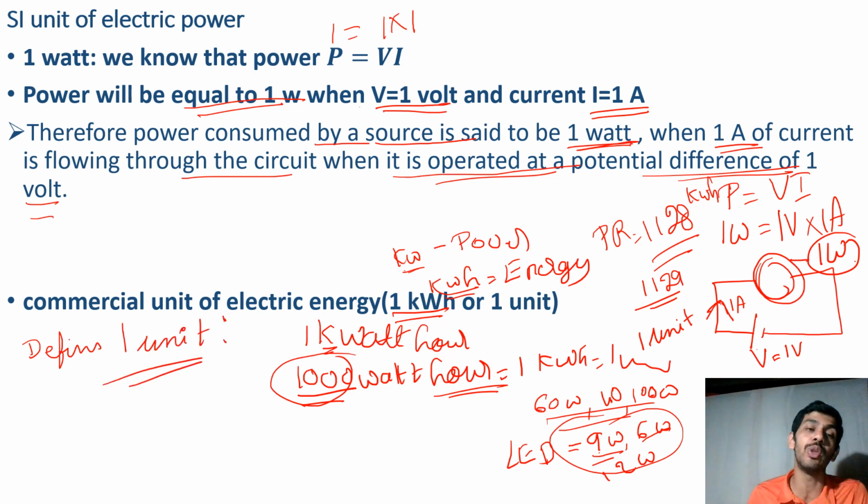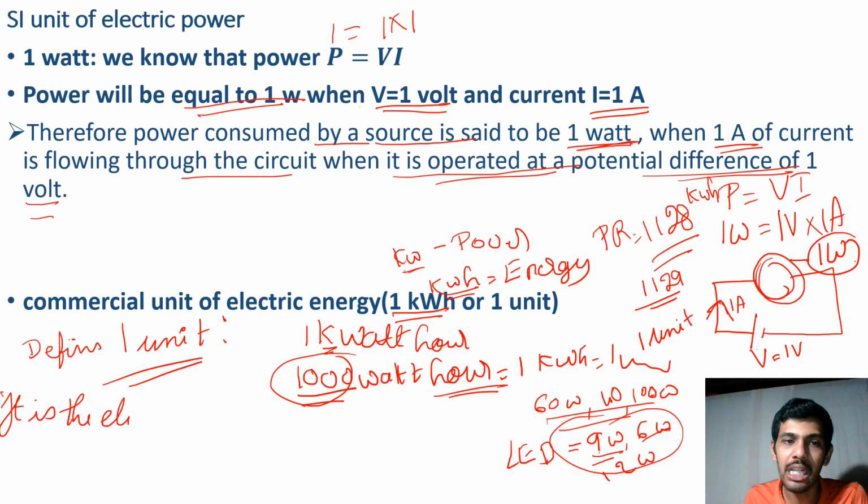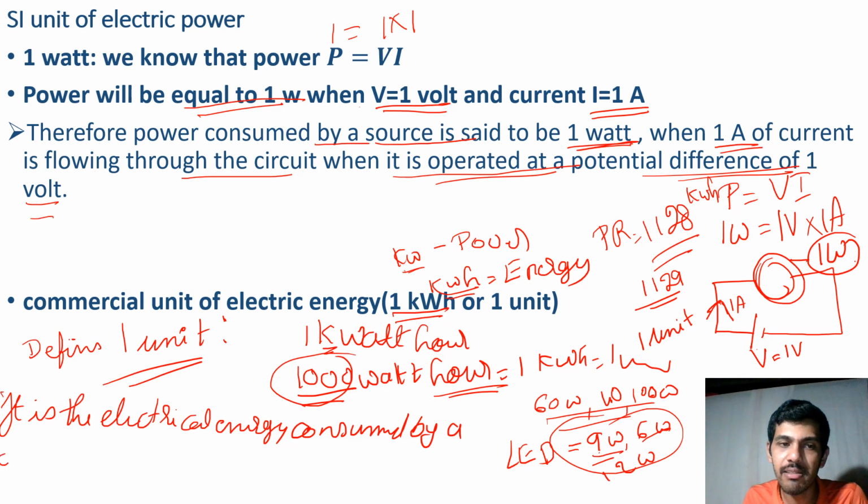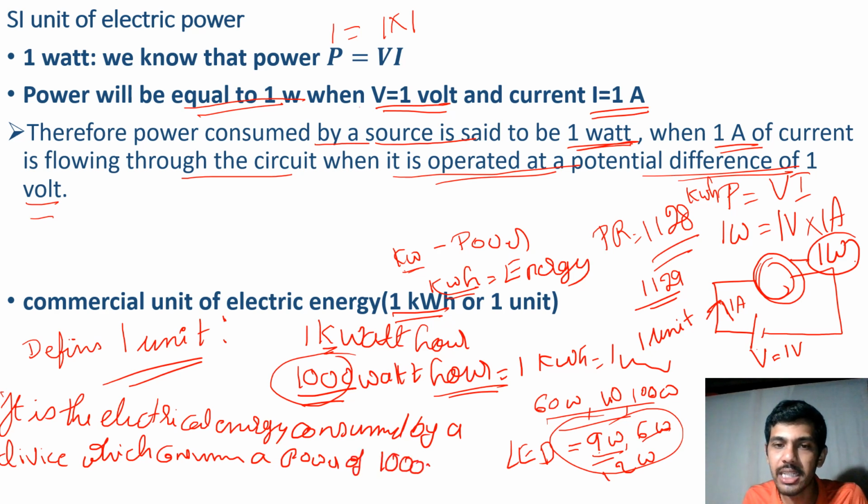The definition of 1 unit is, it is the electrical energy consumed by a device which consumes a power of 1000 watts when it is operated for 1 hour.